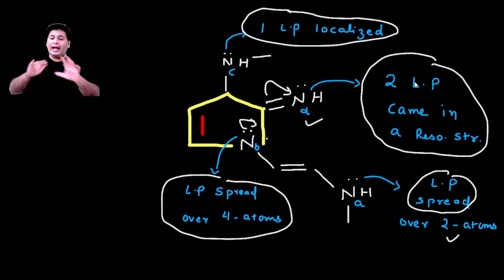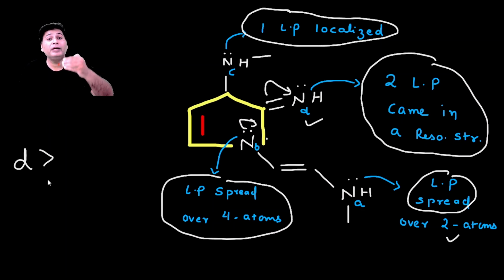Now after looking at all the accounts of these nitrogens in terms of electrons, you come to the conclusion that D is going to be the most basic. Then will come the place where the lone pair was delocalizing least. It was remaining localized so that it can be available for the proton.